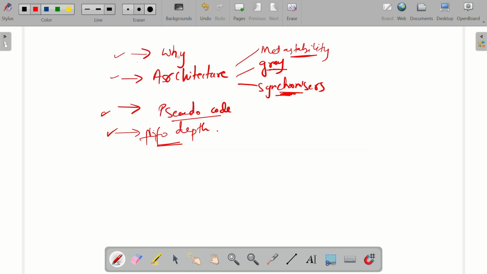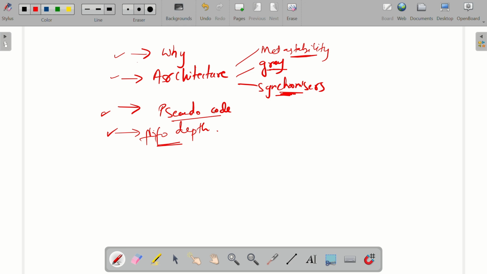So in this video, we have seen why we need asynchronous FIFO and what the application areas are. We've also taken a look at the architecture where we discussed metastability and why we need gray encoding instead of binary. We have also understood the synchronizers, why two flip-flops are needed, and also briefly looked at MTBF or mean time between failures.